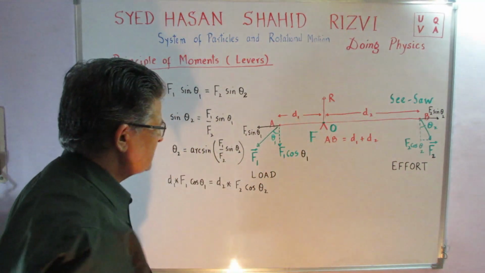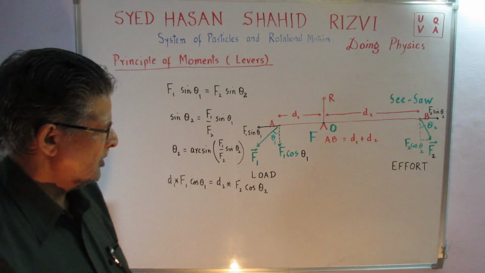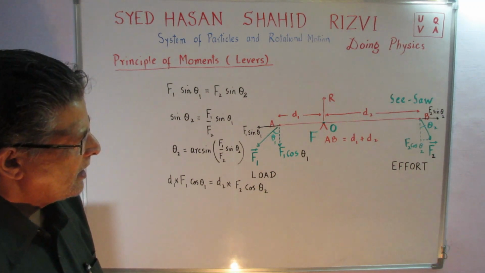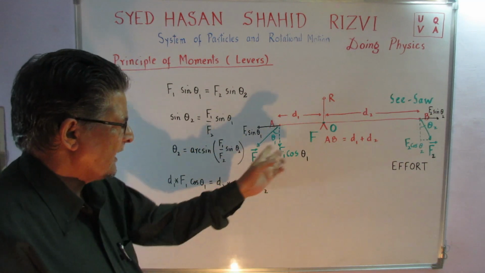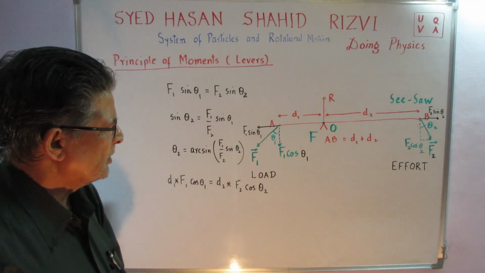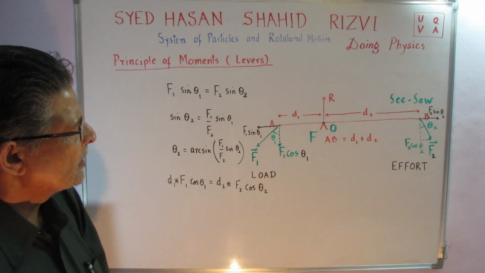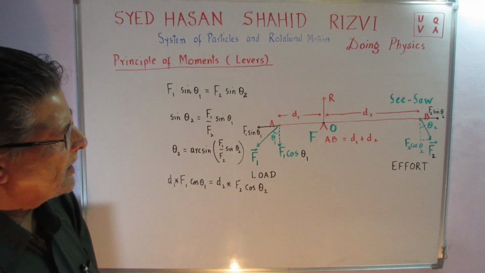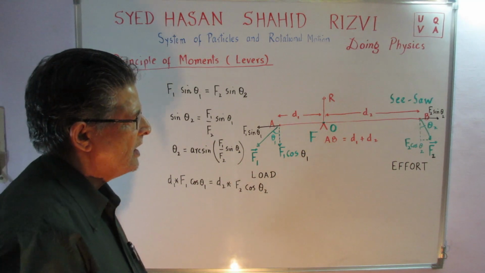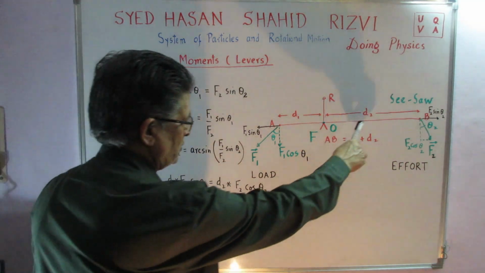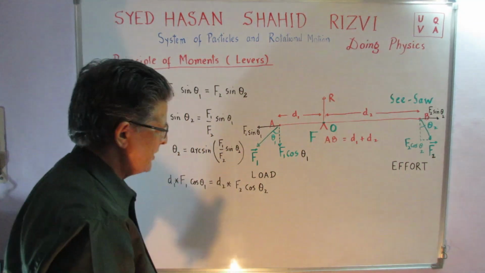This is how the principle of moments works, and the mechanical advantage in that case will become equal to F1 cos of theta 1 divided by F2 cos of theta 2, but that will remain equal to D2 upon D1.